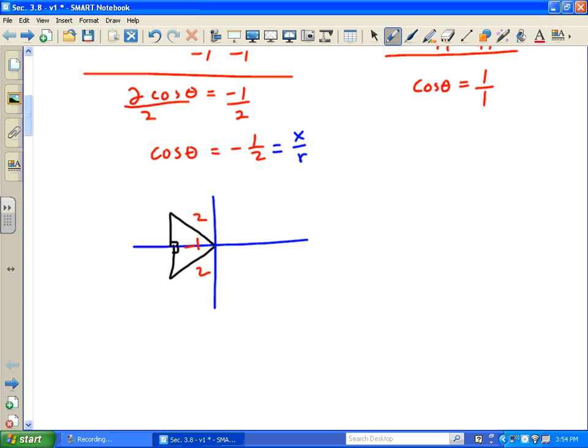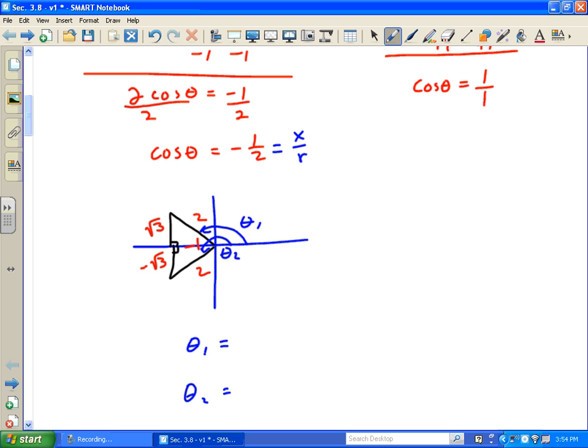I can see by looking at this particular example that this creates a special triangle. The other side would be the square root of 3 in the second quadrant and negative square root of 3 in the third quadrant. And so for this particular question, I will end up with theta 1 there in the second quadrant, and then theta 2 down in the third quadrant.